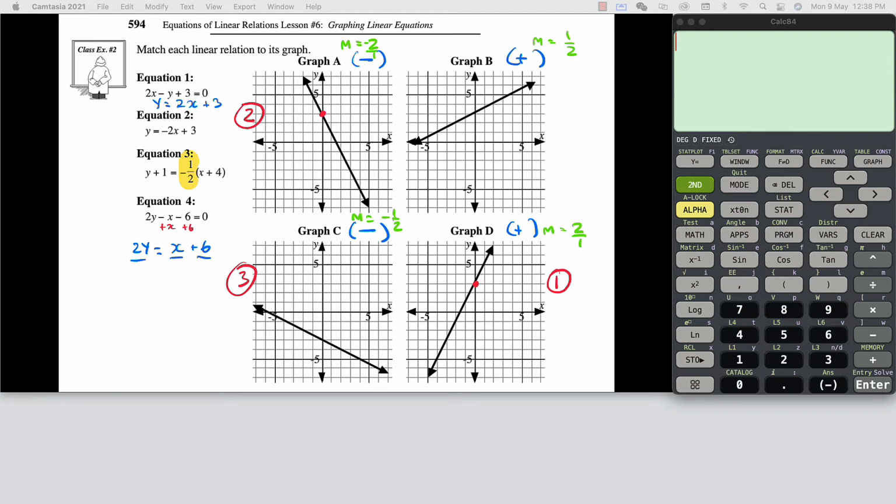So I'll divide everything by 2. That's going to cancel that 2 and leave us with the format y equals 1/2x plus 6 divided by 2 is 3. So this tells me that I should have a y-intercept at 3, which we do, and I should have a slope of 1/2, which I have right there. So this is graph or equation number 4.